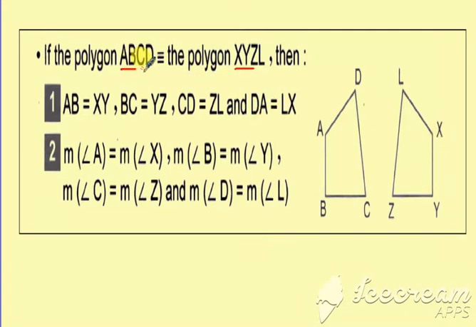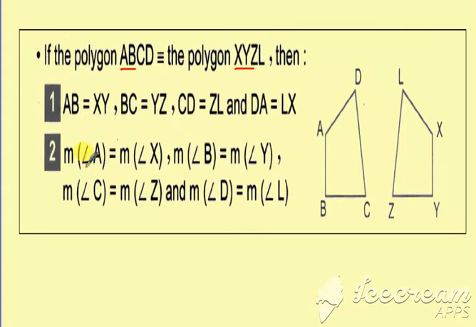BC equals YZ. CD equals ZL. LX equals DA.